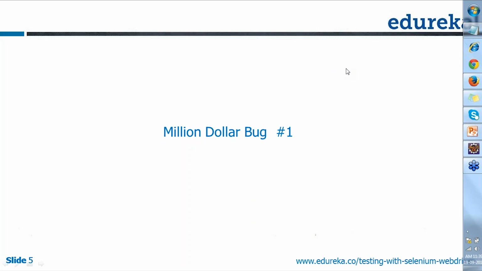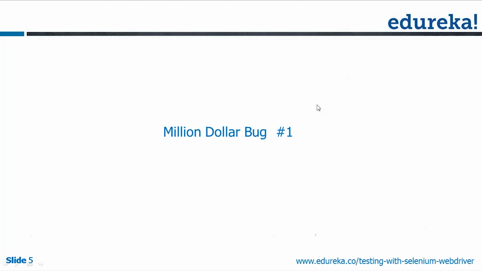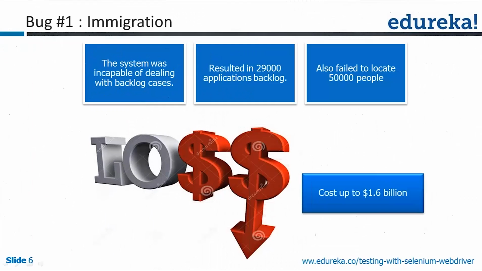Okay, let me go forward. So the very first $1 million bug is the immigration backlog. What is immigration backlog? Immigration is the process, I guess you guys know what immigration is. When you want to live in a particular foreign country permanently or for a very long time, there is a sequence of processes you need to go through for immigration. This bug was introduced in the US, and the system they developed was incapable of dealing with the backlog.